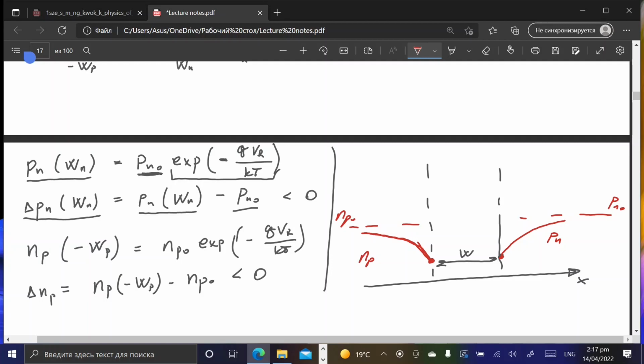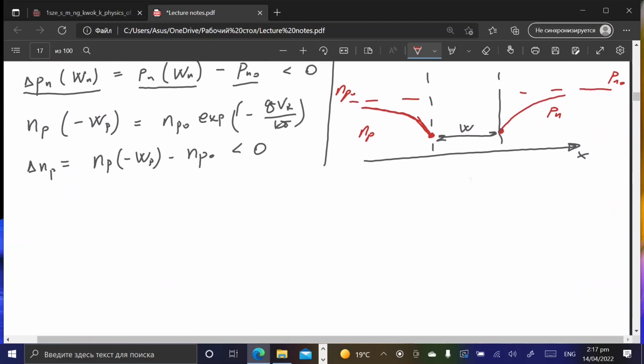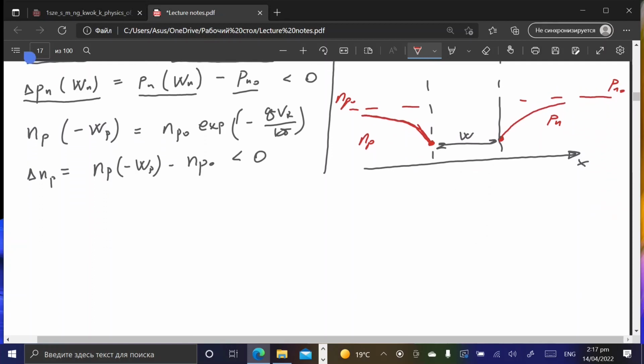So now, as I mentioned before, we need to determine profiles of delta Np as a function of x, and delta Pn as a function of x. In order to do this, we need to set the continuity equation, assuming that we have only diffusion of minority charge carriers.